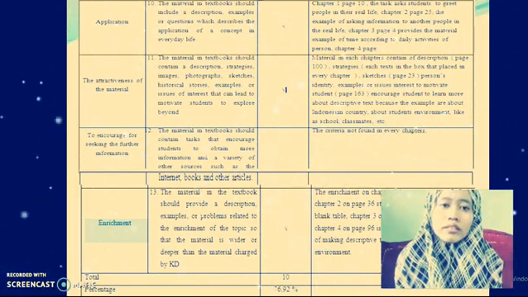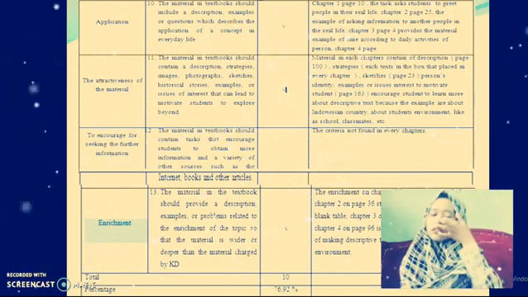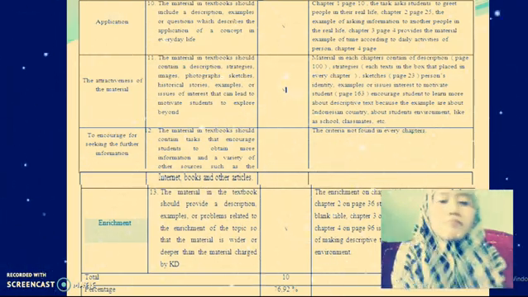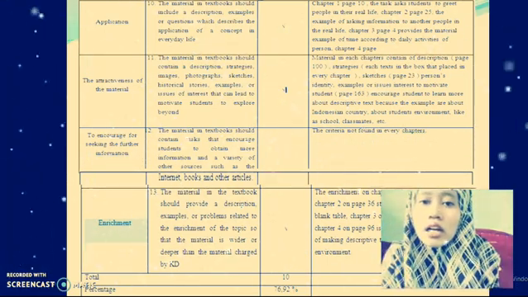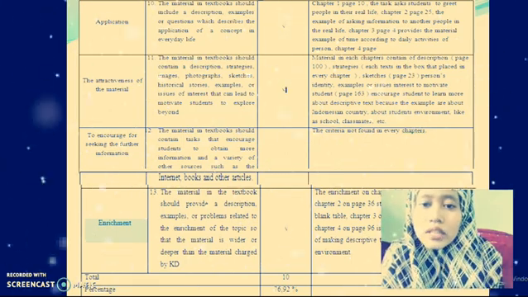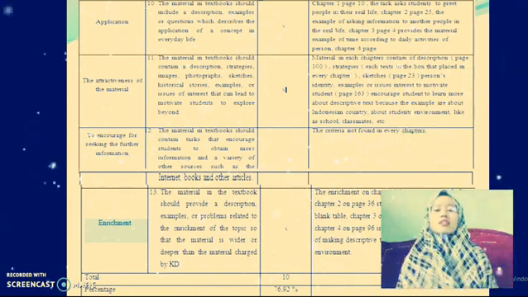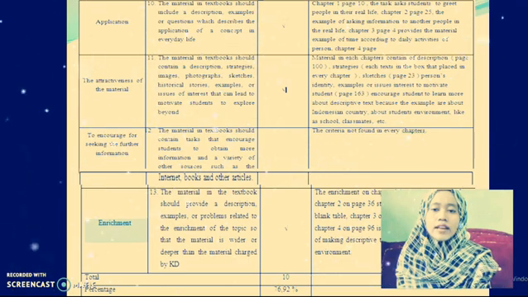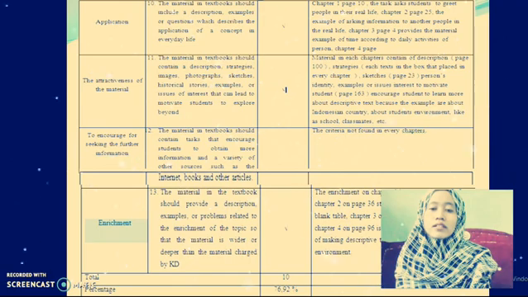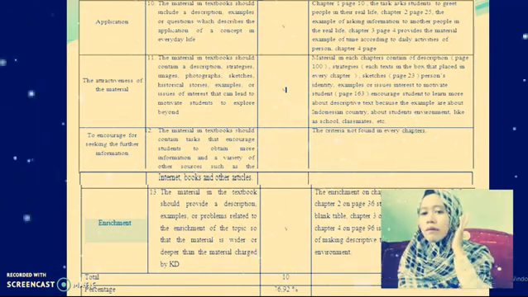And the next point is the attractiveness of the material. The attractiveness of the material is fulfilled by seeing page 163, which encourages students to learn more about descriptive text because the examples are about the Indonesian country.